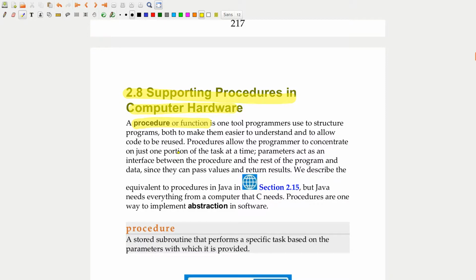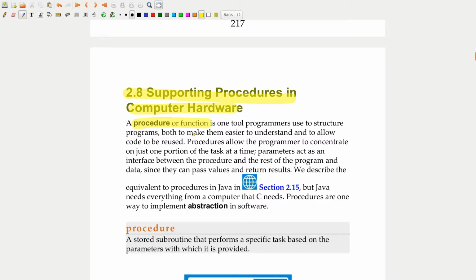If we always wanted to add, say, 8 numbers by some constant, we could write 8 different versions of something plus something plus something plus something.